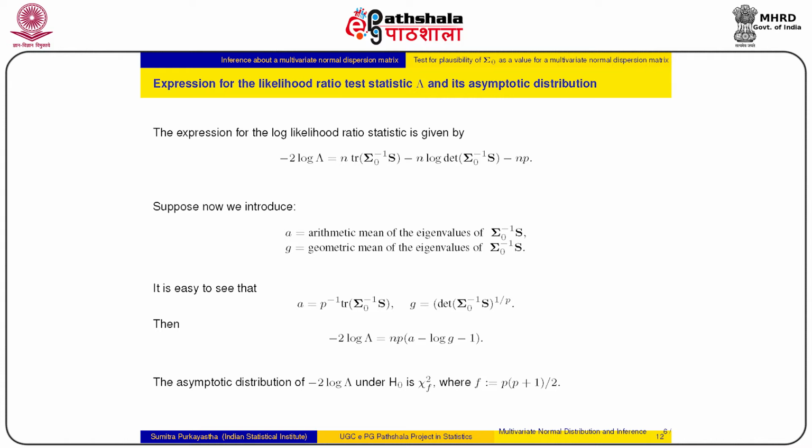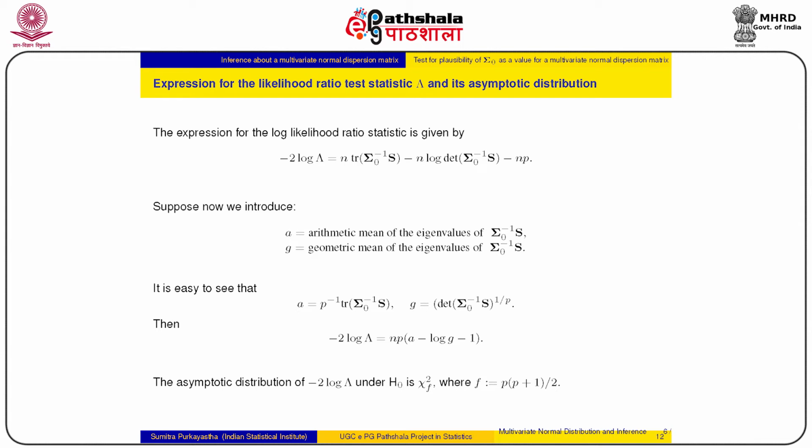This equals, in this case, one can derive it without much difficulty, n times trace of sigma naught inverse S minus n times log of determinant of sigma naught inverse S. We should notice here that the determinant of sigma naught inverse S is positive, because already I have assumed at least p plus 1 many observations, ensuring S to be a positive definite matrix, and sigma naught by choice is a positive definite matrix.